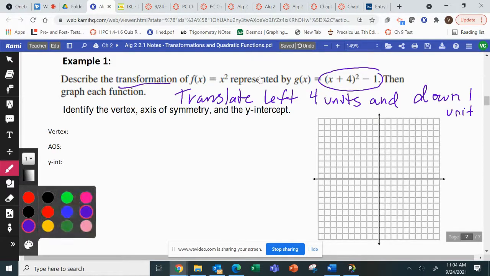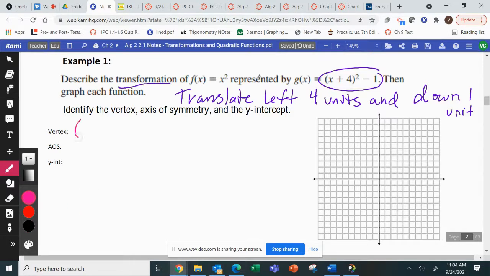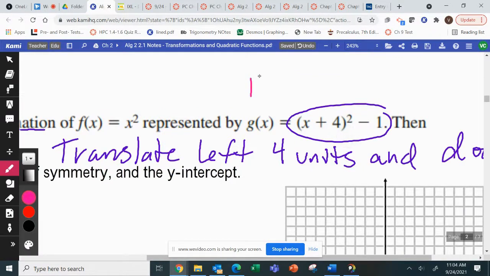So this is in vertex form. We can write the vertex. So the vertex is h, k, but in the formula here, I'll write the formula right above it. The formula f of x equals a times x minus h squared plus k. So the formula is take away the h, add the k. Because it's take away the h, it's exactly what we've been doing, where you look at the opposite of plus 4.